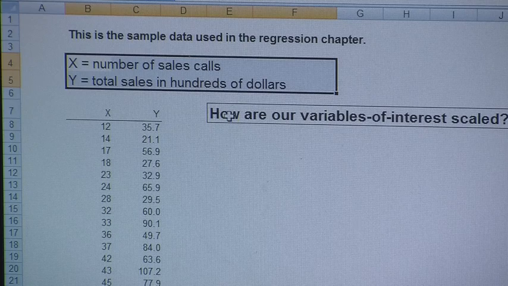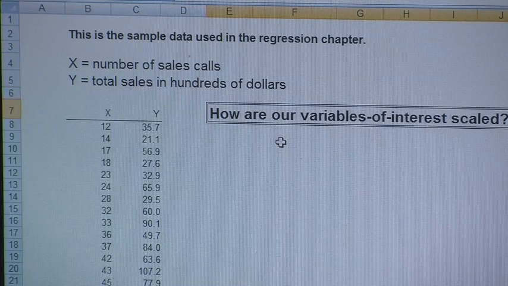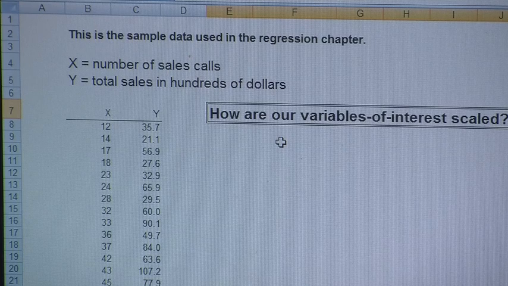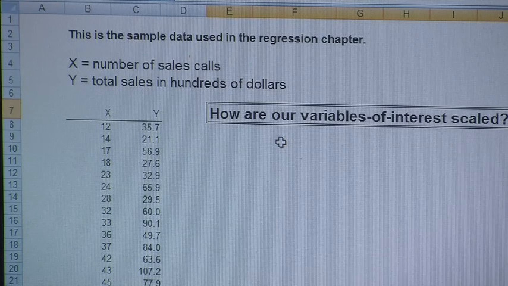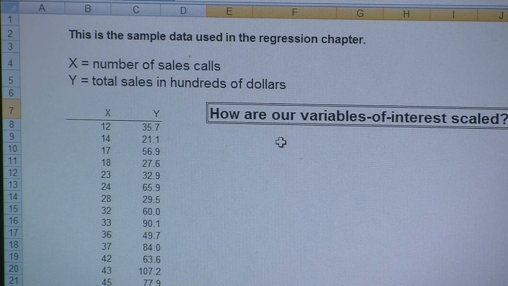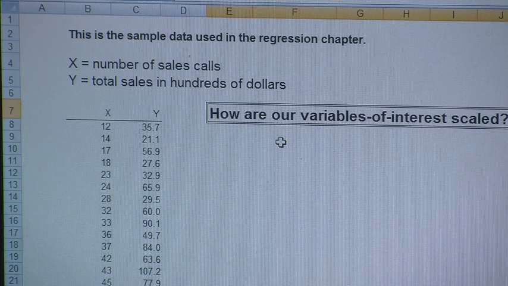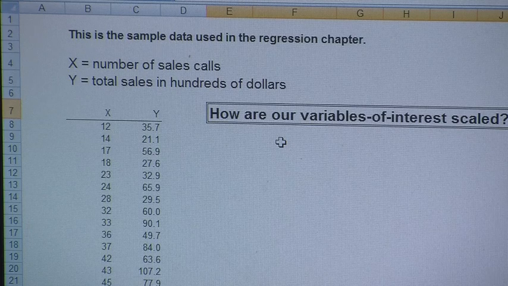Now, I should have mentioned this point earlier, but let me make mention of this before we close off this mini lecture. How are our variables of interest scaled? In the case of the number of sales calls, that's a ratio variable. Why? Well, it has a true and absolute zero.